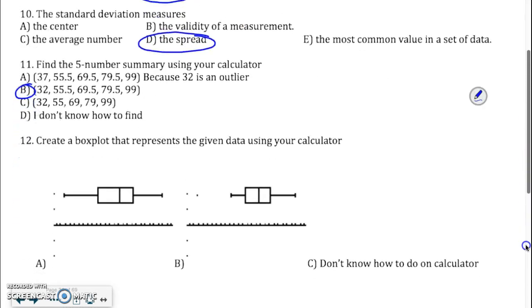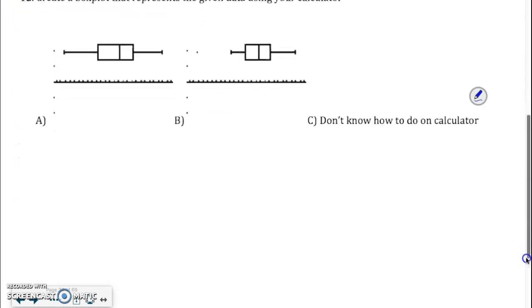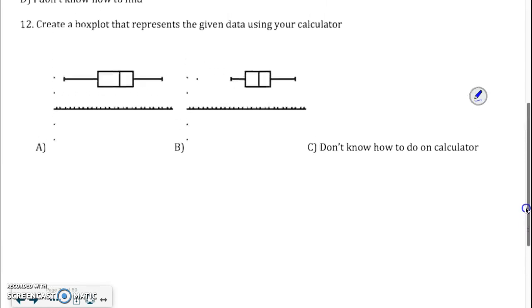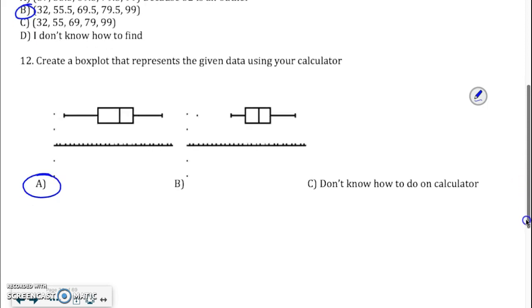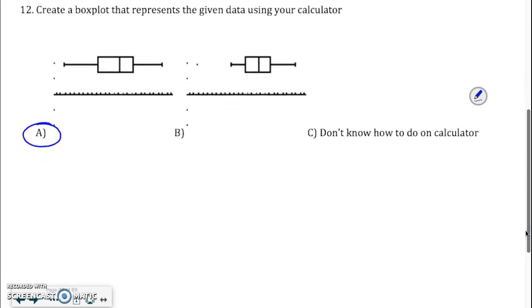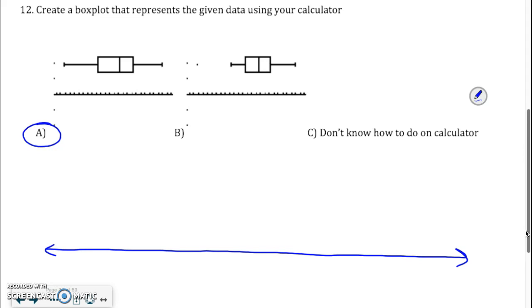All right, last but not least, it says create a box plot that represents the given data using your calculator. So some of you probably used the blank space below, and some of you probably used the calculator. If you used the calculator, it's pretty easy. It is letter A. If you are using the blank space below to make your box and whisker plot, you need to make a number line first that is equally spread out as far as the data goes.